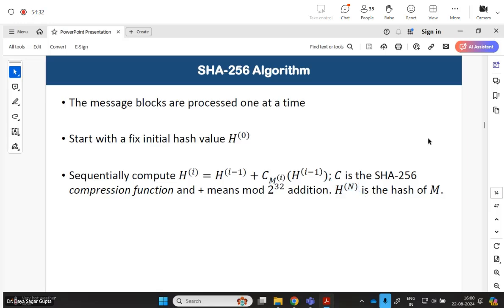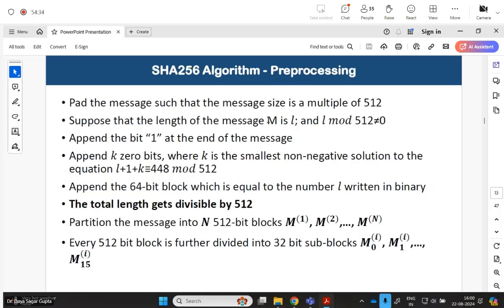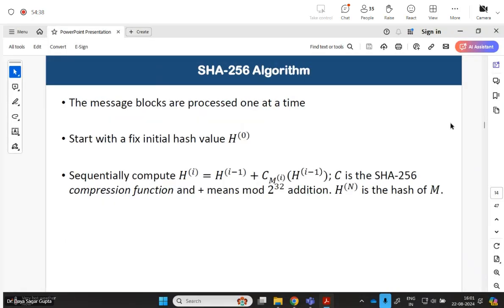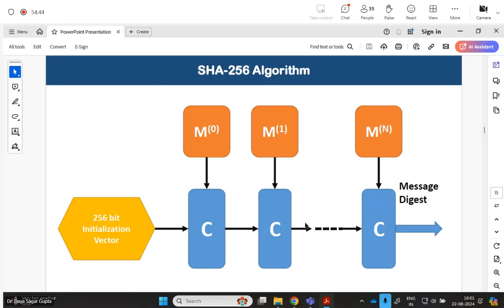The input is the message whose size is, let us call, L. And the output is H_N, the last hash value. This is an iterative function. Many things happen together: firstly you input something and call this value M0 with C, a compression function, again and again n times, and at the end you get the message digest. So by this algorithm we are getting the result.